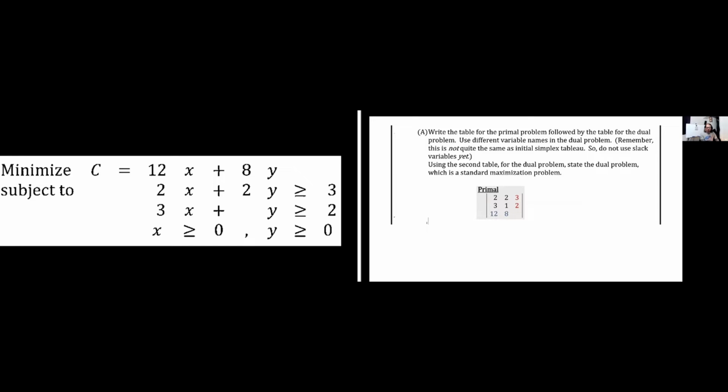And we transpose that. Each row becomes a column. So row 1 becomes column 1, row 2 becomes column 2, etc. And we use the original variables as the slack variables for the dual problem, which is a standard maximization problem.